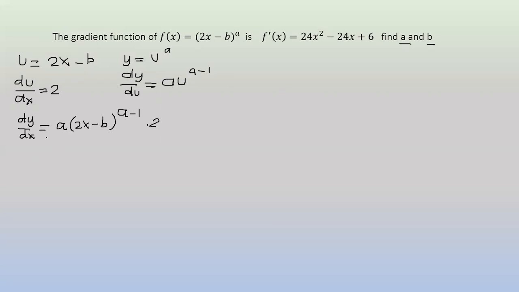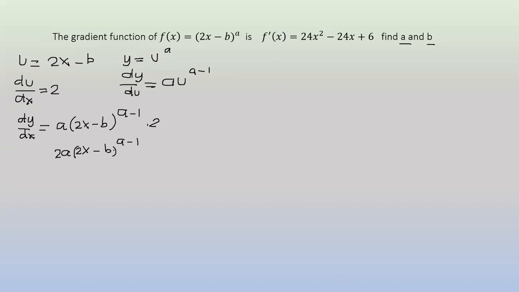It becomes 2a times (2x minus b) to the power a minus 1.